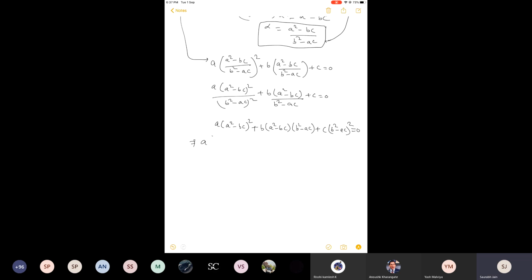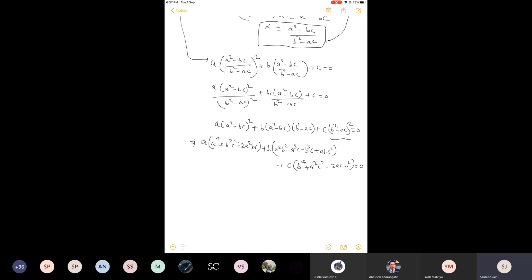So this will be a to the power 4 plus b square c square minus 2a square bc, plus b times a square b square minus a cube c minus b cube c plus abc square, and here the last term c times square of this: b to the power 4 plus a square c square minus 2ac b square. I am simply expanding the squares and multiplying the terms, nothing new.